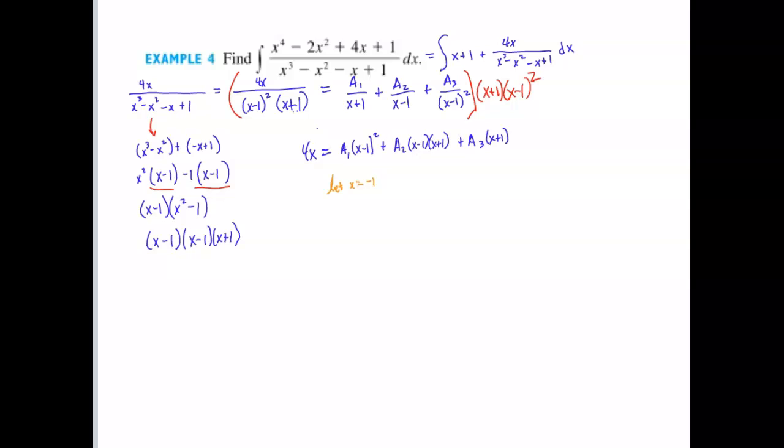So that's going to make this whole term go to 0, and this whole term go to 0. And it'll just leave us with -4 equals, what, 4A1? So I'd have -2, and then squaring that, making it 4. All right, so I know that A1 should be -1.